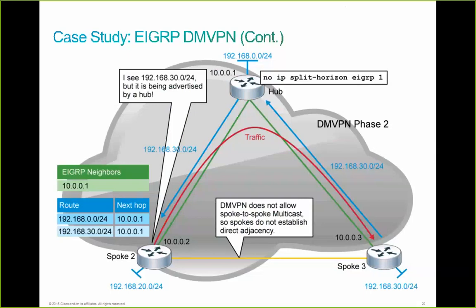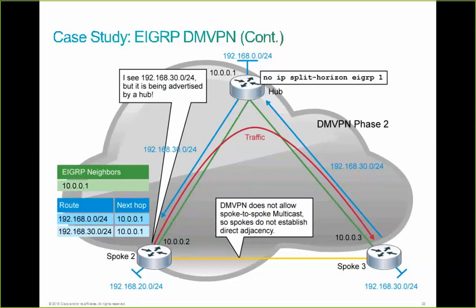If the hub in a DMVPN environment with EIGRP is always acting as the hub, and the spokes can never establish adjacencies with each other, it makes it kind of pointless, really, to have any kind of spoke-to-spoke communication, right? Because the next hop address for all traffic is going to have to go through the hub anyway.